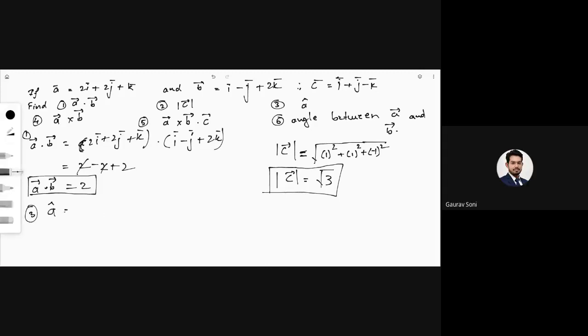What is a cap? A cap is actually the unit vector in the direction of A. So it is defined as A bar upon modulus of A bar.